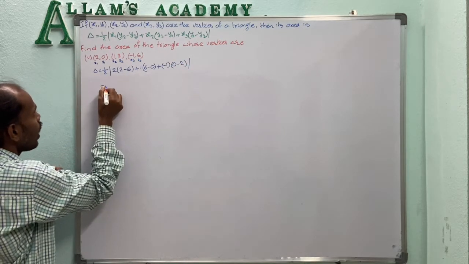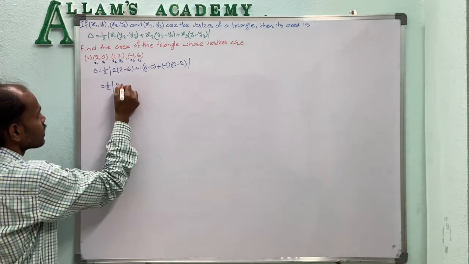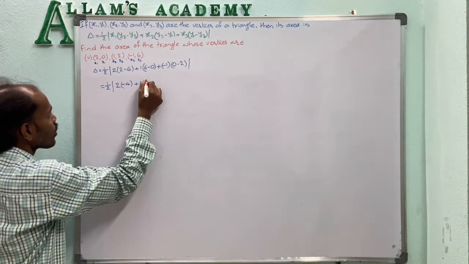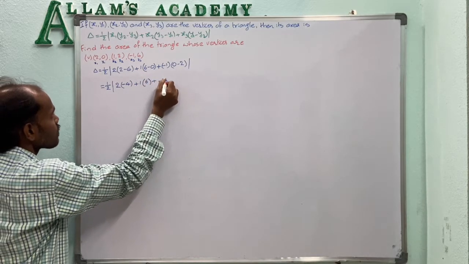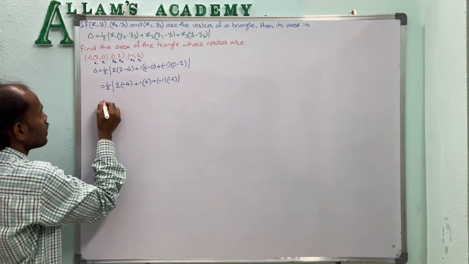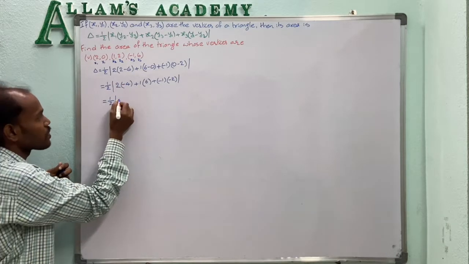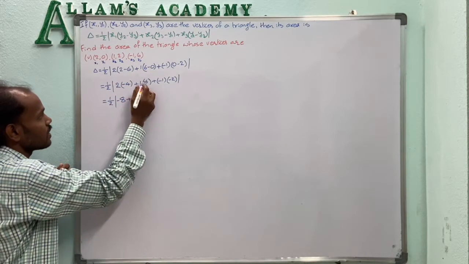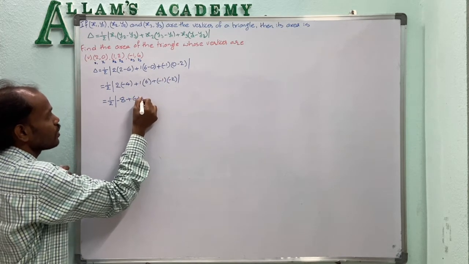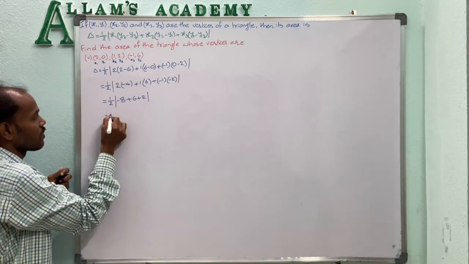that equals half mod 2 into 2 minus 6, that equals minus 4, plus 1 into 6 minus 0, 6, plus minus 1 into 0 minus 2 is minus 2, that equals half mod 2 into minus 4, that is minus 8, plus 1 into 6, that is 6, minus 1 into minus 2 is equal to plus 2. 6 plus 2 equals 8, 8 minus 8 is equal to 0.